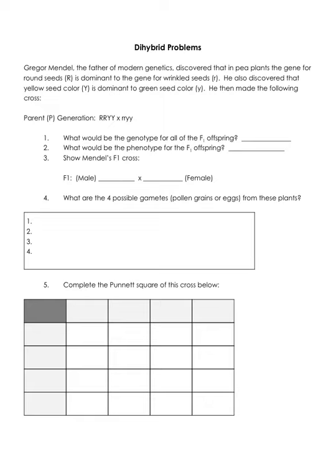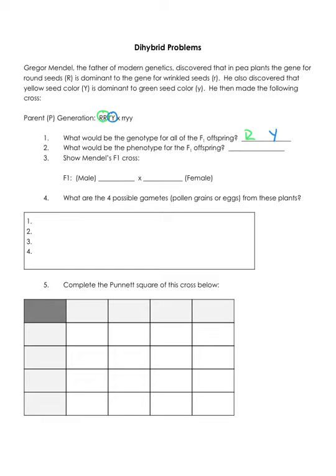So first you have to figure out what the genotype for all of the F1 generation is. Remember, the F1 stands for first filial generation, and it's the offspring of the P generation. To figure that out, all you need to do is remember that this parent has to pass on one capital R, so we're going to put one of those on the line. And then they also pass on a capital Y, so we're going to put one of those on the line.